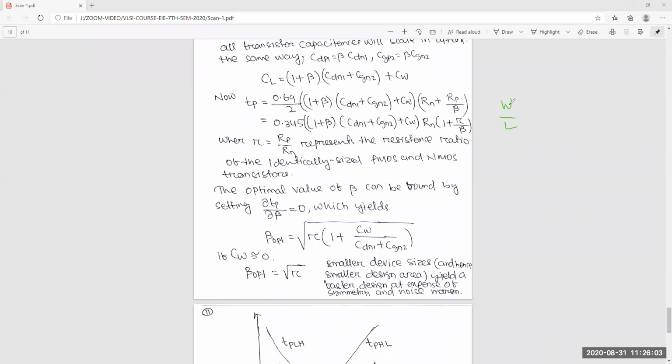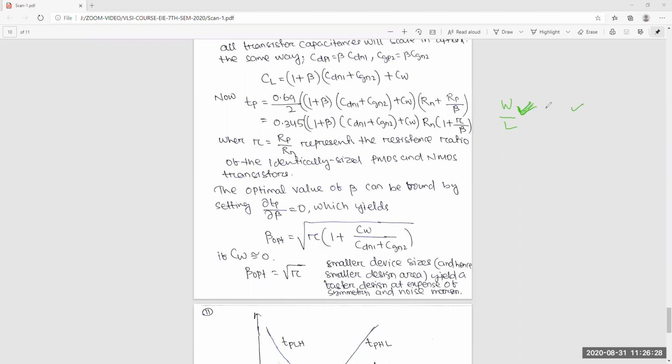But once W increases, extra capacitances are added, and that also reduces the performance. So two contradictory factors are there. By increasing W we get better performance, but again by increasing W, CL will be more, and that also pulls down your performance.